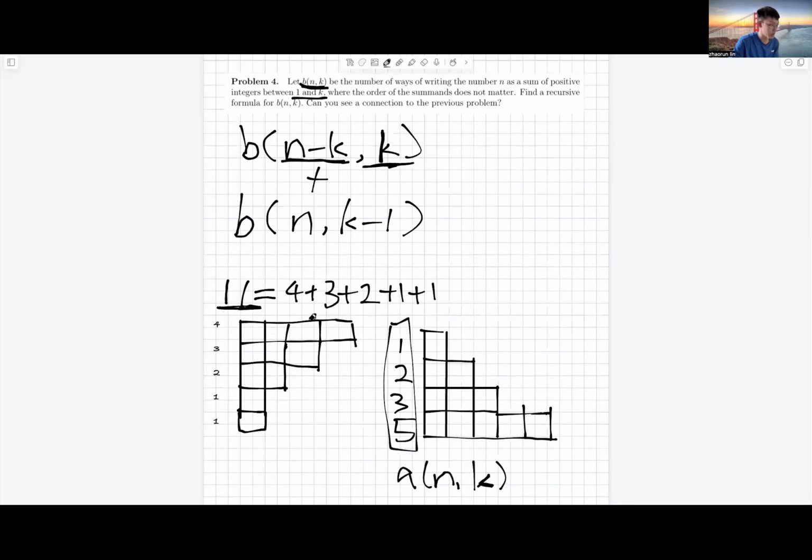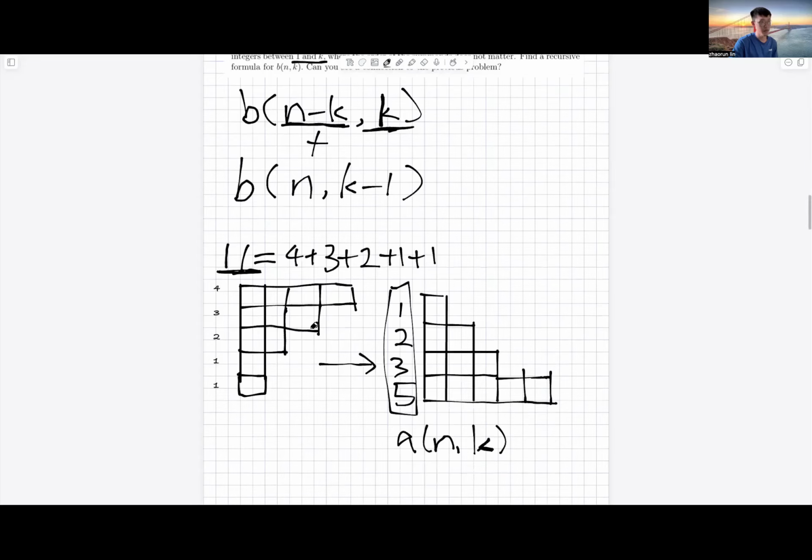For every one of these configurations of squares, we can always rotate it by 90 degrees and then we have this diagram. The number of rows here, which is 5, after we rotate becomes the largest summand in the original diagram. So for every possible configuration of this diagram, there's a one-to-one correspondence to the diagram here.